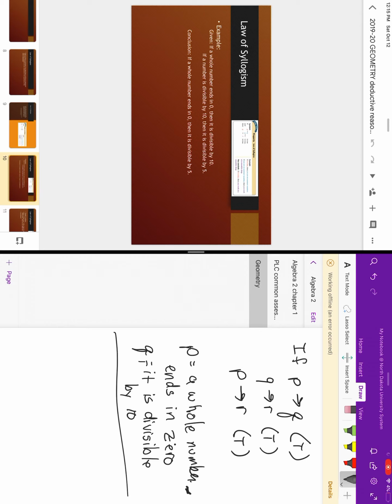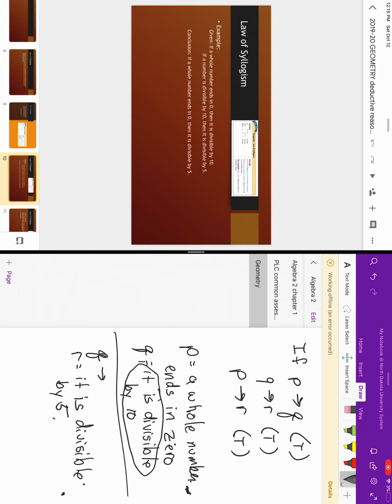Okay, that's one conditional. New conditional, if a number is divisible by 10, and what's our P there? Our P is a number is divisible by 10. Well, notice that that's our Q over here. So we have our Q, and then our R equals, it is divisible by 5.